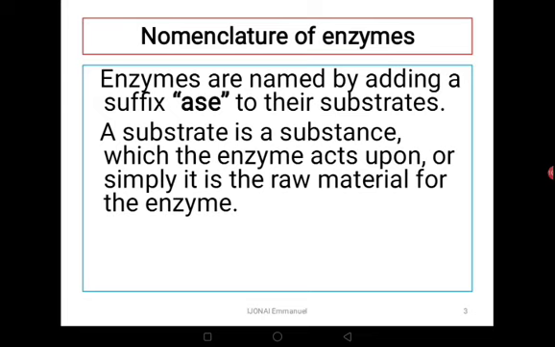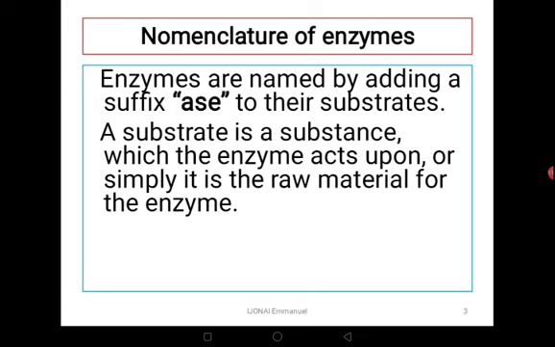Nomenclature means naming, giving names. So how do we name enzymes? Enzymes are named by adding the suffix "ase" to the substrates that they act on. A suffix is a group of letters found at the end of a word.